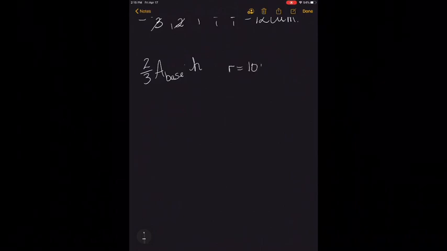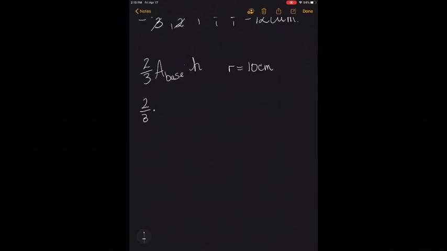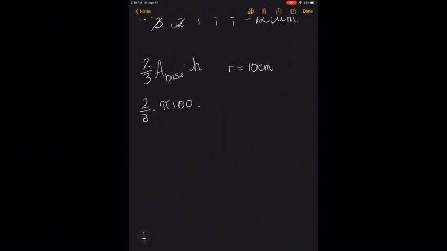It says find the volume of a sphere whose radius is 10 centimeters. R equals 10 centimeters. Okay, so we'll start by writing 2/3 times the area of the base, which is pi times the radius squared. So pi times 100, I'm just going to do it that way, times height, which is 20.